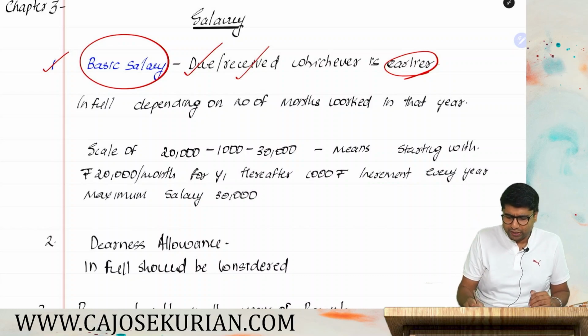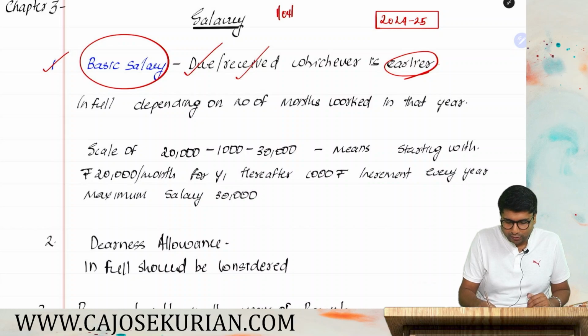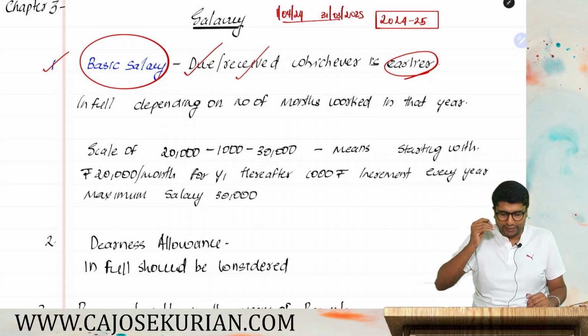Say for example, your relevant previous year for your upcoming examination is 2024-25. In the year 24-25, say you have received salary from 1st April 2024 to 31st March 2025. Obviously, you have to consider the entire basic salary while computing the salary income.